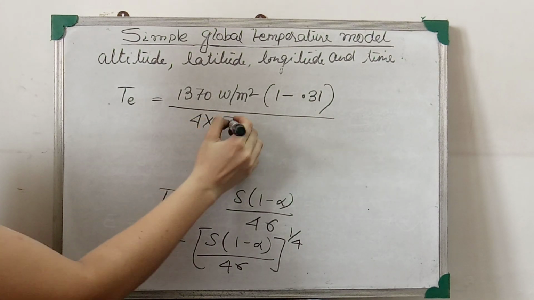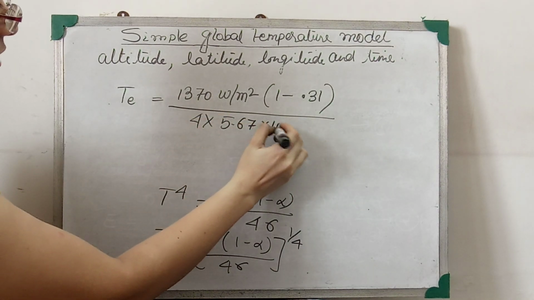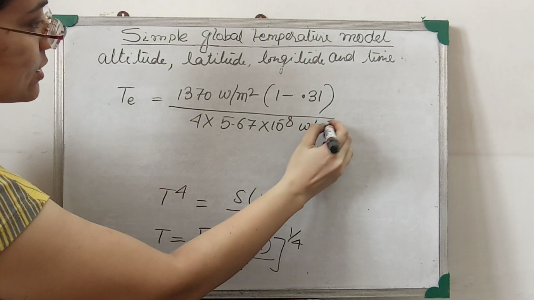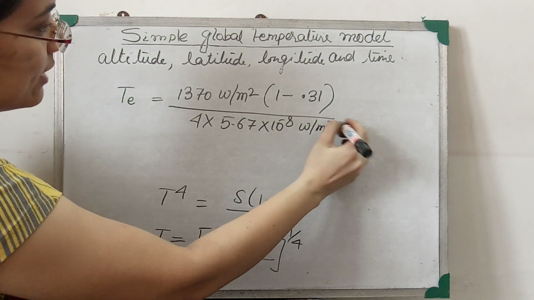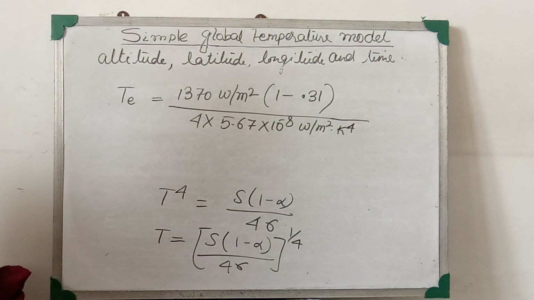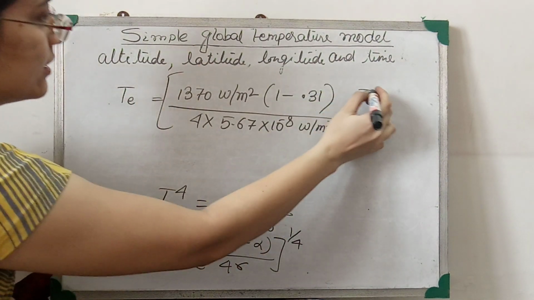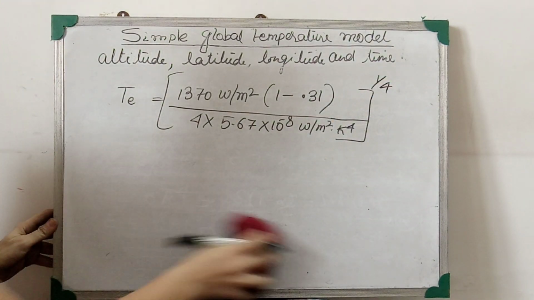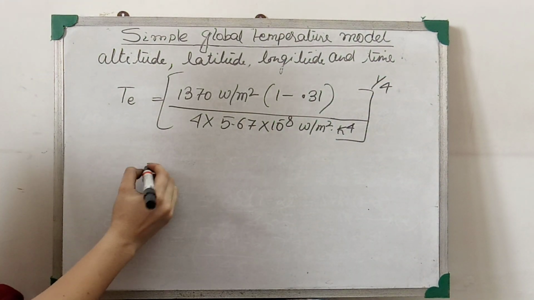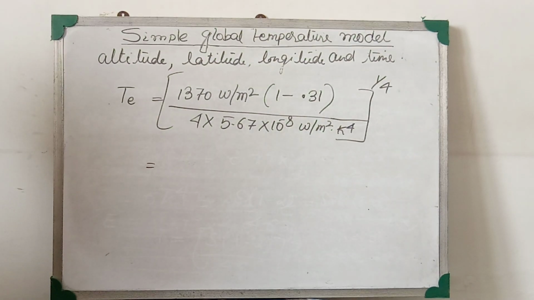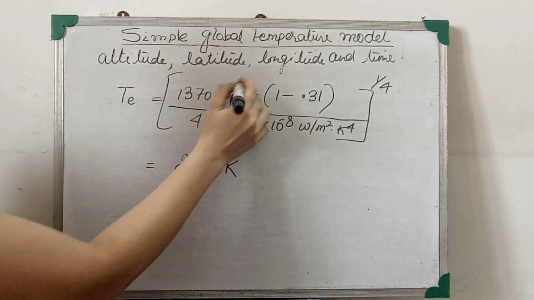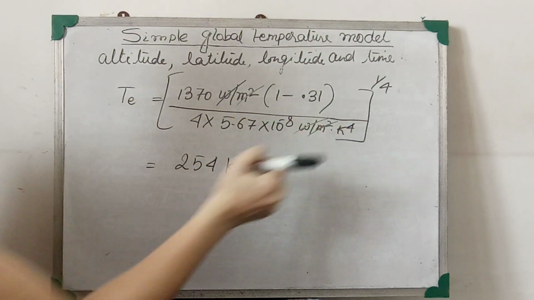The value of sigma is 5.67 into 10 to the power minus 8 watt per meter square Kelvin to the power 4, whole to the power 1 by 4. After calculation, you will get the value 254 Kelvin.